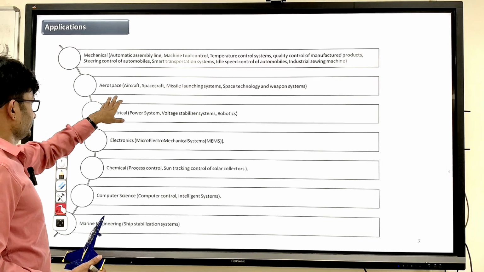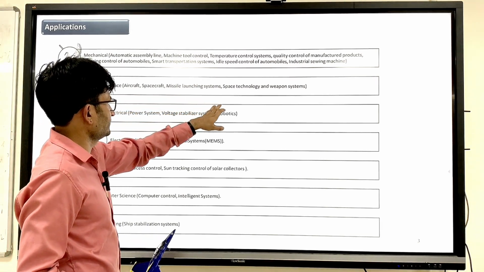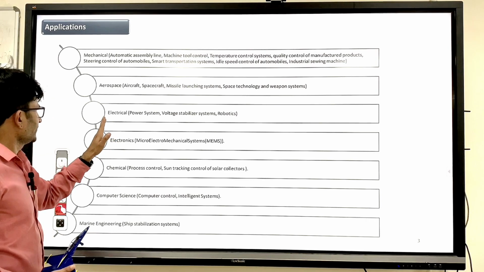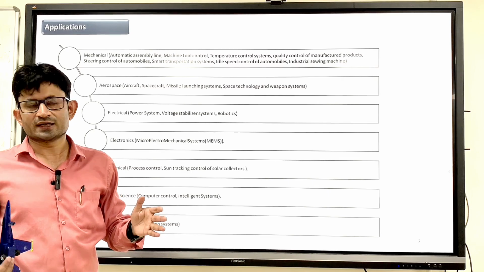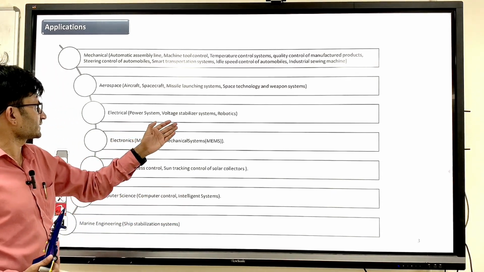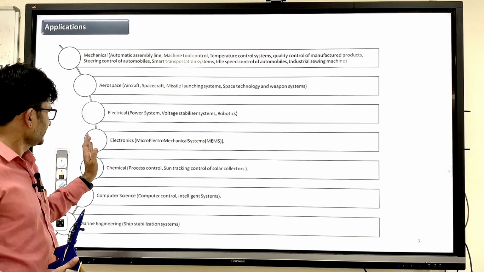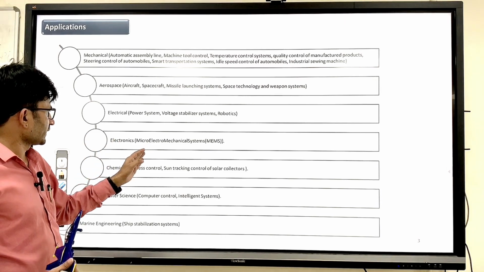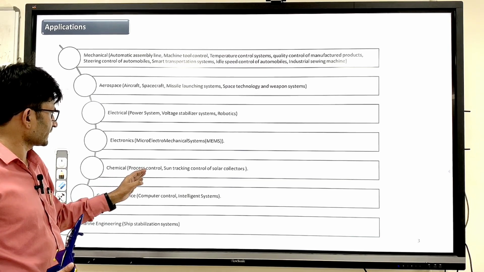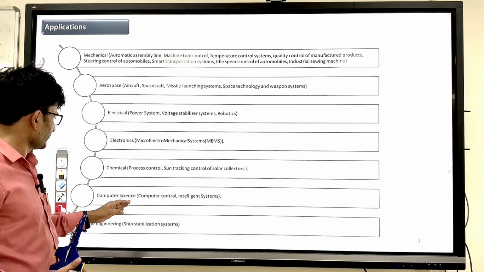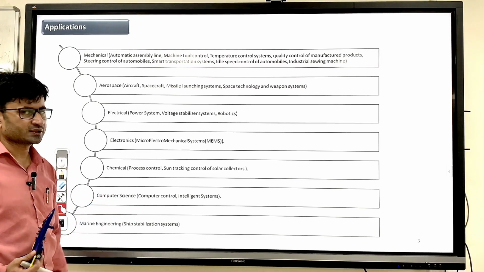In aerospace, you can see aircraft, spacecraft, missile launching systems, space technology and weapon systems. In electrical, where core control engineering lies, you can see power systems, voltage stabilizer systems, robotics. In electronics, micro-electromechanical systems, MEMS, chemical process control, sun tracking control of solar collectors, computer science, marine engineering, so many applications.